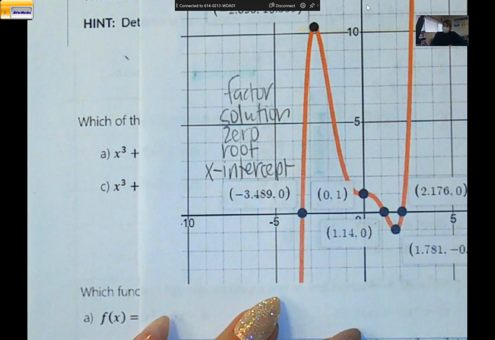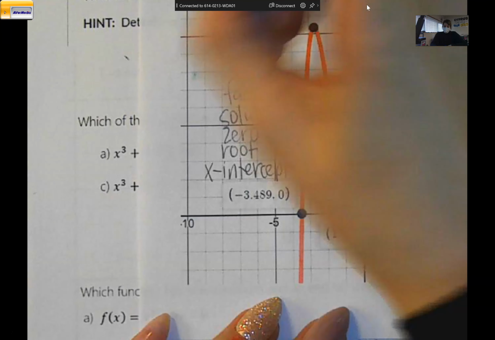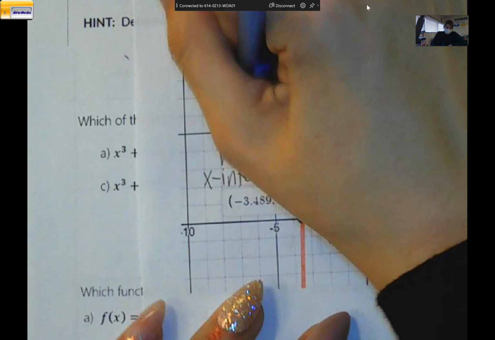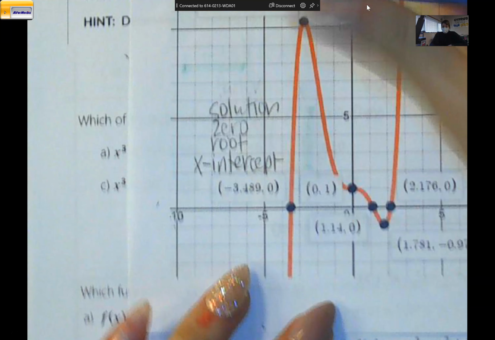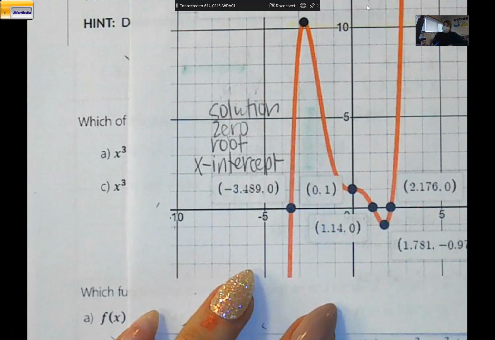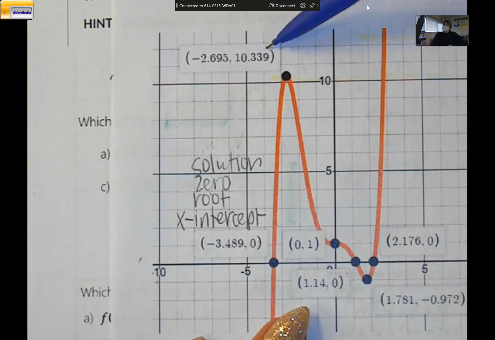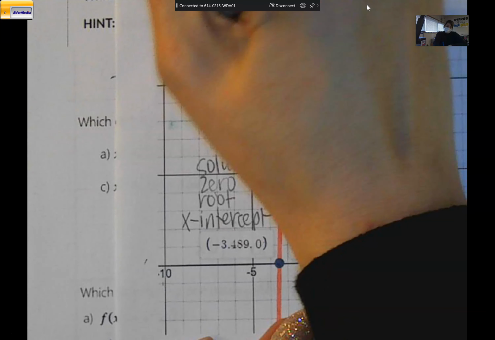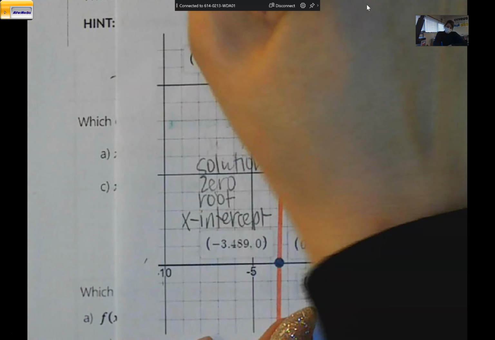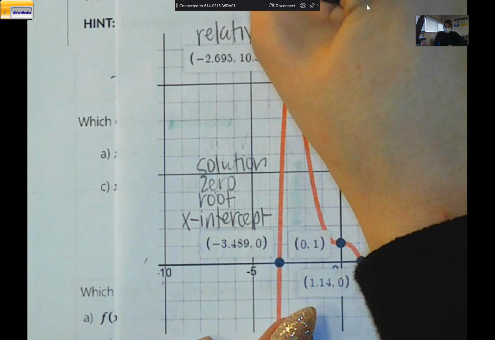We know it as all of those things. But what we first learned it as was an x-intercept. This guy, he's not our maximum, he's our relative max. Because our maximum is infinity.